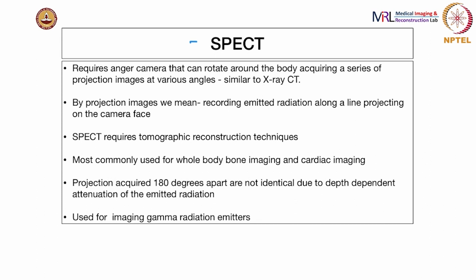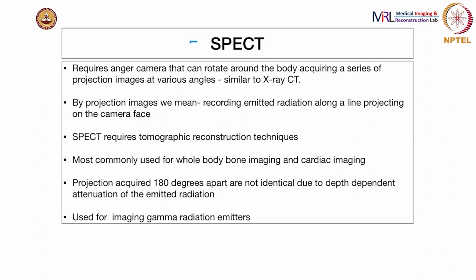Here we want to reconstruct, so it's a computed tomography thing. It requires a camera that can rotate around the body. This is very similar to CT, acquiring a series of projection images at various angles. By projection images, we mean here recording emitted gamma radiation at different angles, usually along a line projecting on the camera face.